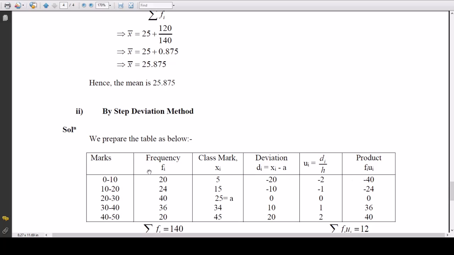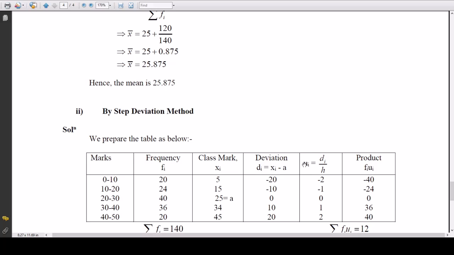Now, the product will be the frequency with ui. Always, when you find the product, frequency should always be there. See, in the first method, second method, third method also, frequency is always there.